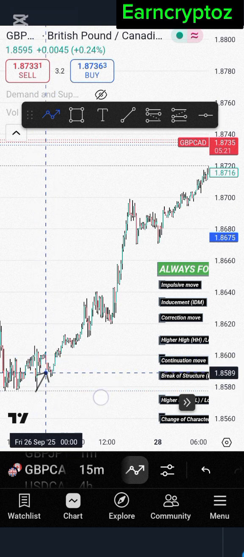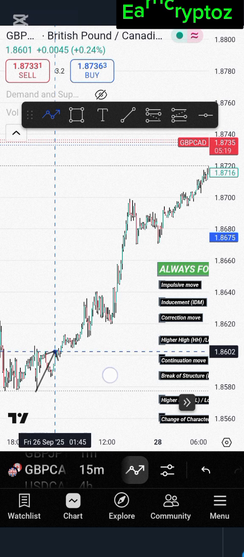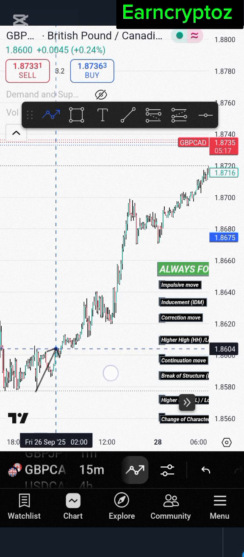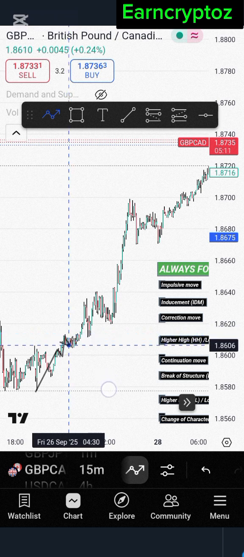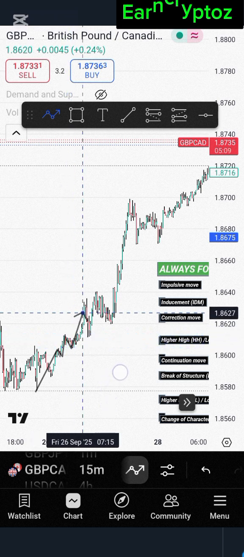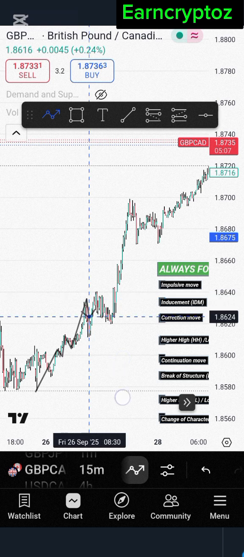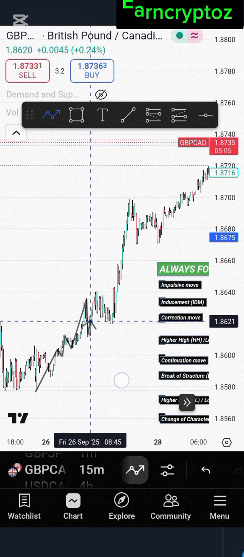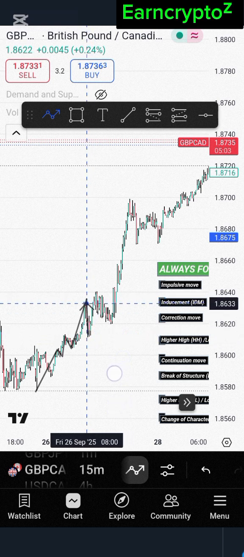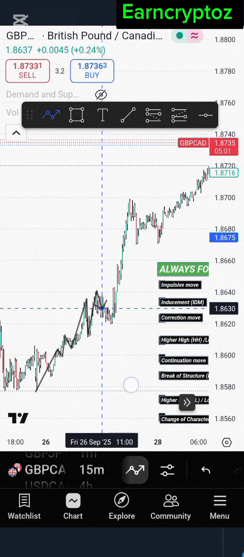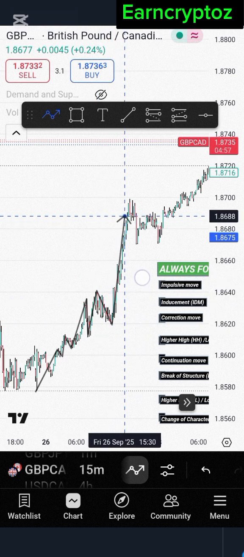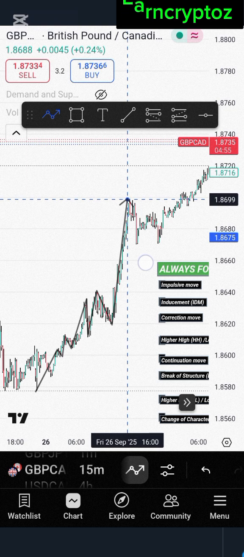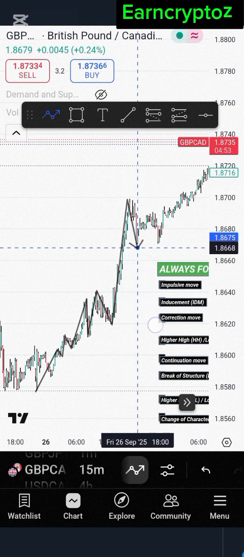So we have an impulsive move that went like this, then there was a valid pullback here, another like this, another valid pullback, another went like this, another valid pullback. Again we have another valid pullback, another like this, and another valid pullback.